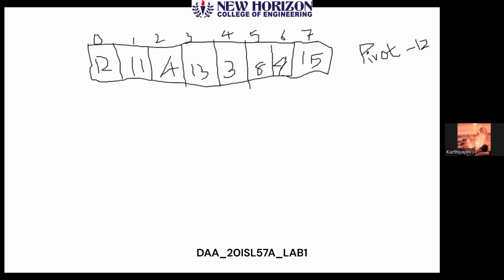The elements lesser than 12 will occupy any position on the left side of 12, and greater elements will occupy any position on the right side of 12.